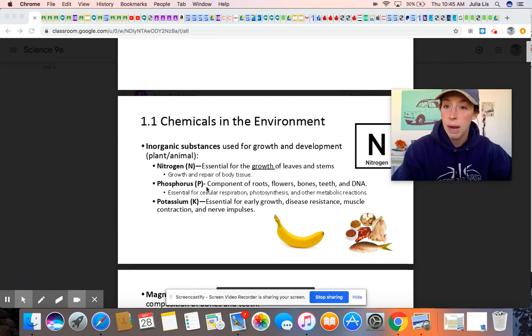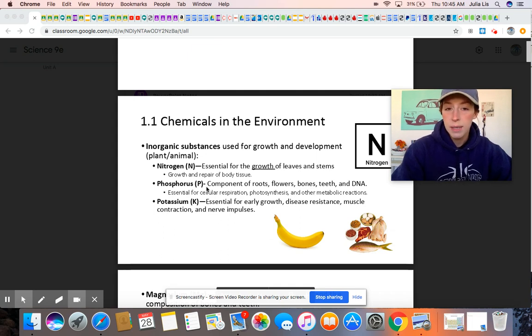So they're mostly made up of carbon and hydrogen bonds. Now, inorganic substances are going to be different elements that we find on our periodic table that we still need in order to grow and develop for certain parts of our body. Plants might need them in order to develop certain tissues for different roles in their life.